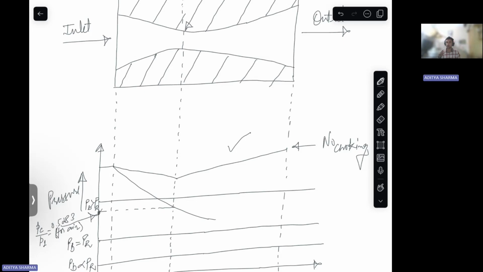That is, your fluid is still expanding, right? After even passing through the throat, it means your throat is choked, right?